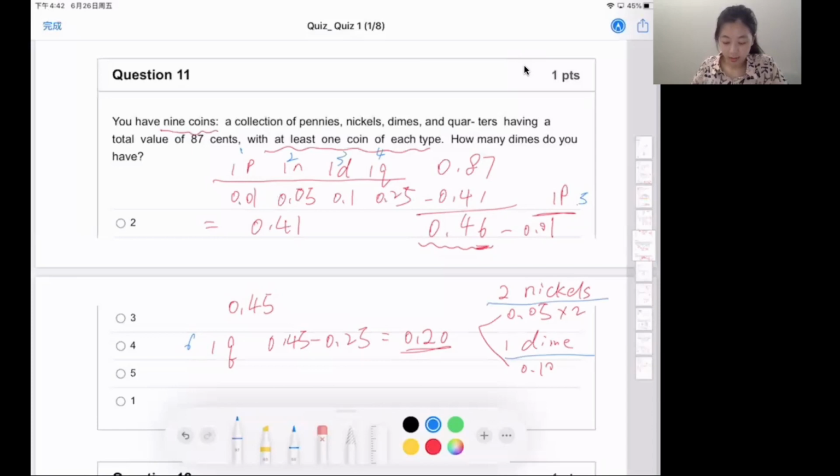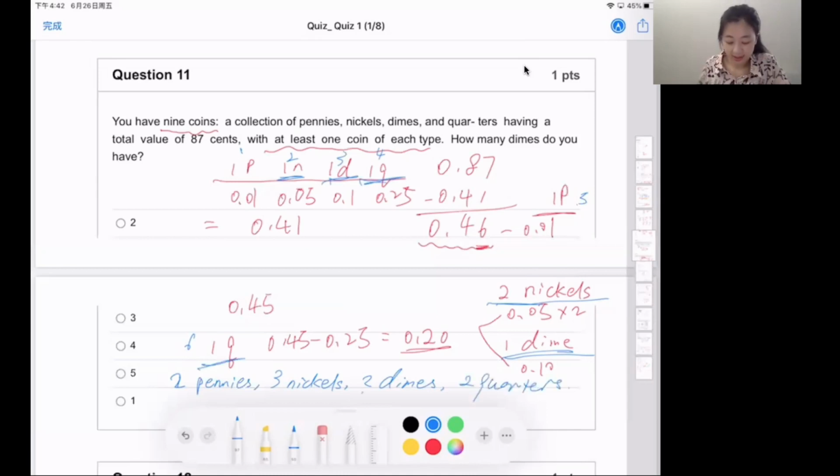So in total, we have 2 pennies, 3 nickels, 2 dimes, and 2 quarters.